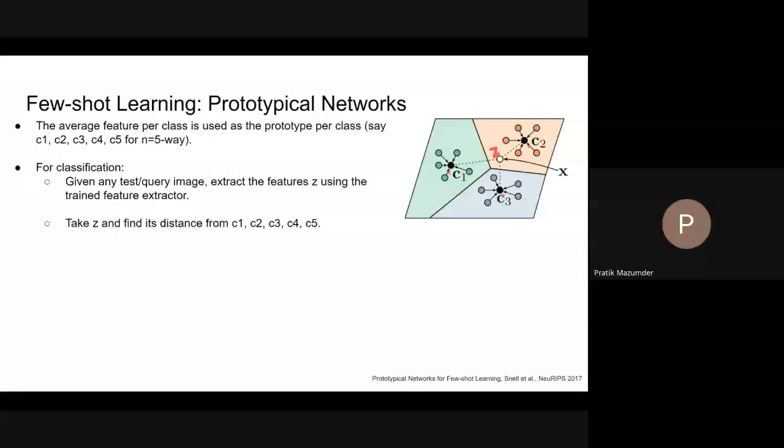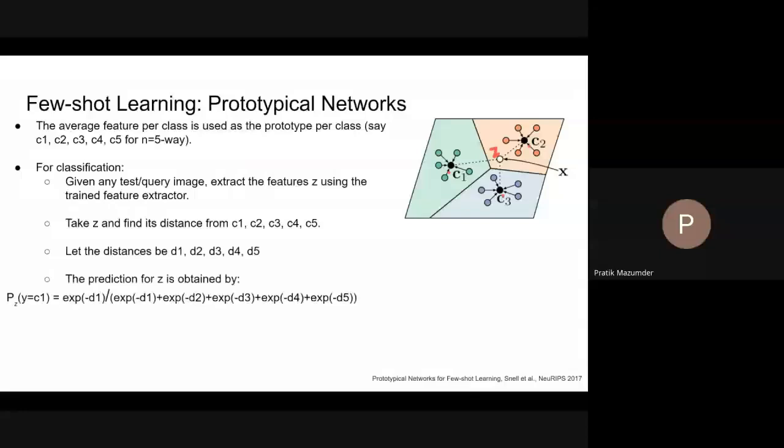There's nothing complicated about this. You take Z, you find the distance. Suppose you have a five-way case, you have five classes, and you have identified the five prototypes by averaging the features of those classes. You find the distances, say d1 to d5, and you come up with a probability for every class, the probability that Z belongs to a particular class. How do you do that?